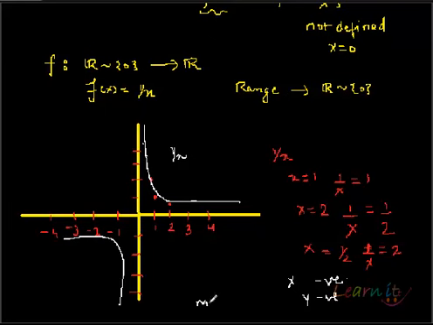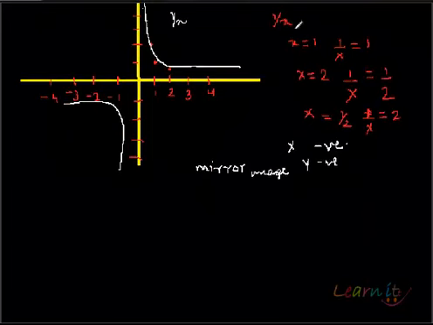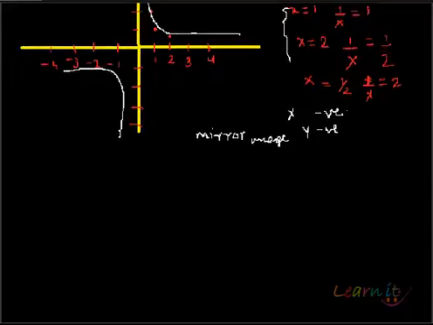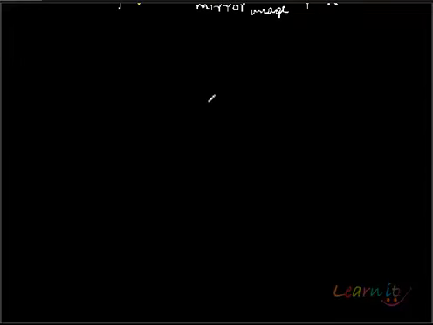So the first quadrant and the third quadrant are like mirror images. So that's what a reciprocal function is, and that's what it looks like. It looks like asymptotes on the first quadrant and third quadrant.